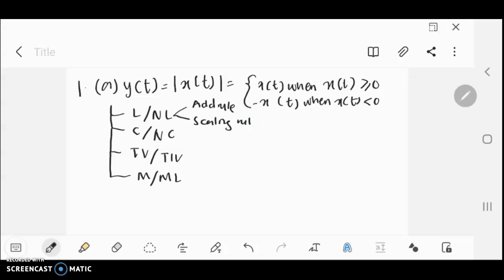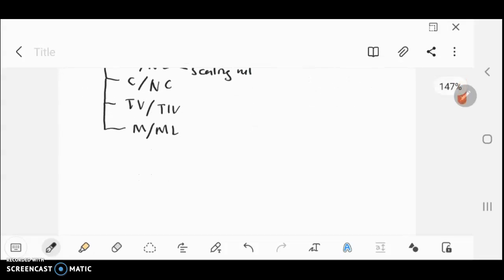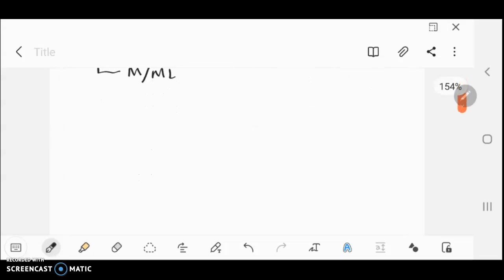Okay, so now we are going to move on to the first one, which is number 1. We have to prove if it's linear or non-linear. For non-linear, we have two things we have to do, which is the additive rule.